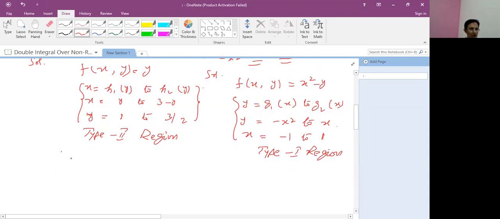So now if you integrate the limit of the first part, 1 to 3 by 2, it is the limit of y, and the limit of x is y to 3 minus y, and the function is y into dx into dy. So student, first we integrate the given function with respect to x.